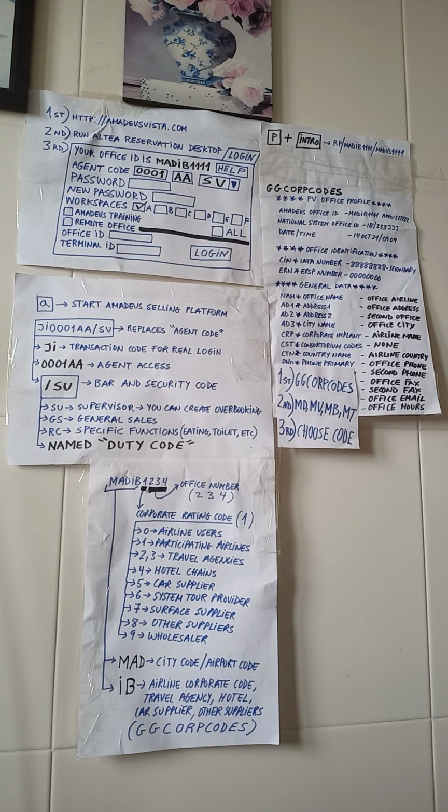There are two ways, this is very important, to get the Office ID. There are two ways to get the RP code. Let's go for the specific folio to speak about these two ways.